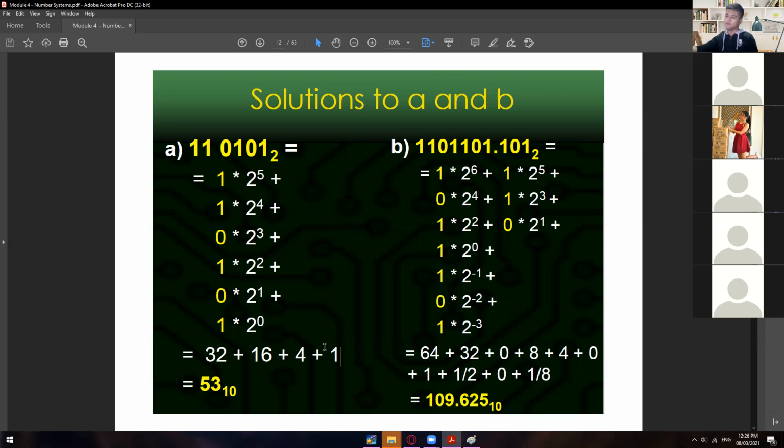Is there someone who is checking whether this one is correct or no?